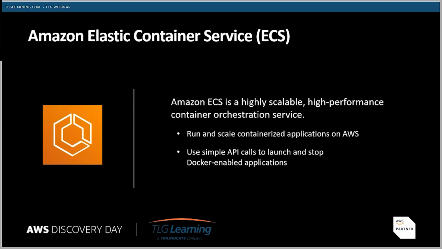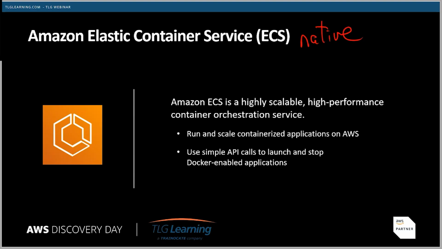When it comes to orchestration services, there are two options on AWS for managing containers that you're running. One of those is ECS, the Elastic Container Service, which is like a native orchestration service for the cloud.